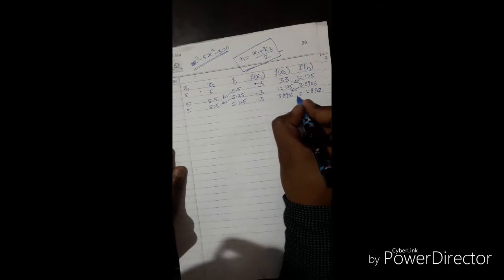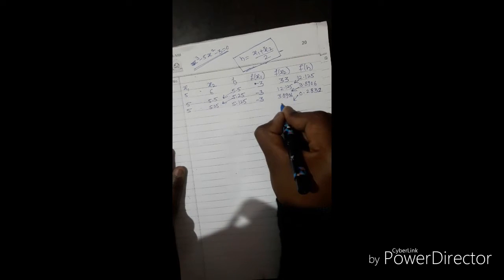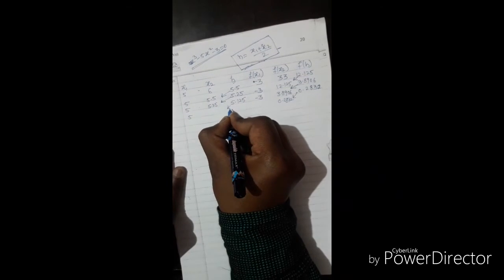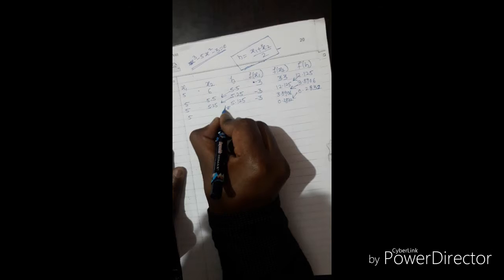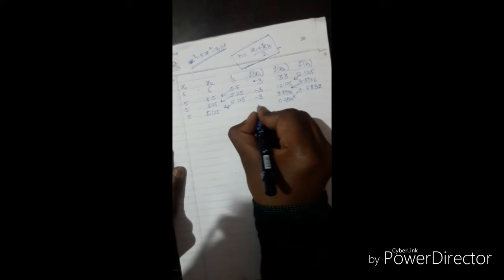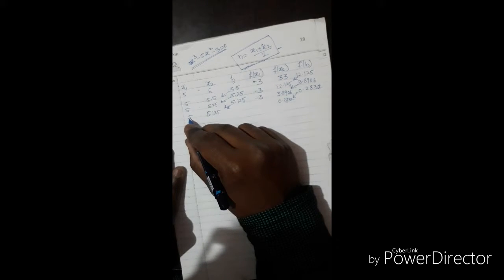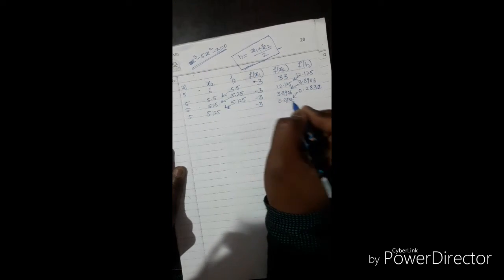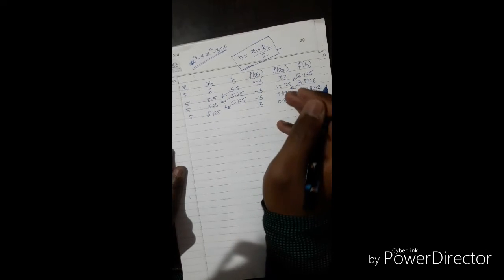Similarly, the sign didn't change, so once again we will insert this value 0.2832, this 5 as it is, and this 5.125 at this side. We know the value of f of x1, that is minus 3, we take it as it is because the sign didn't change.